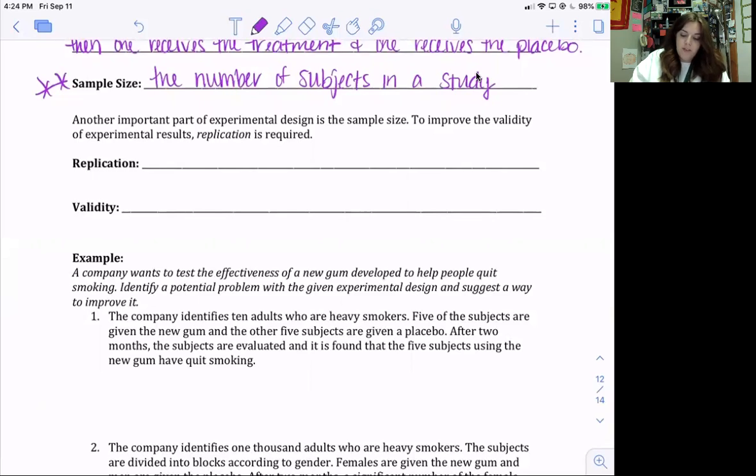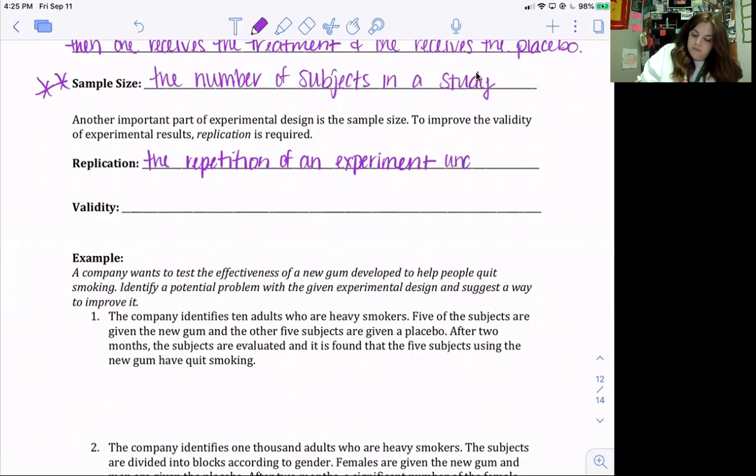To improve the validity of experimental results, replication is required. And this is the repetition of an experiment under the same conditions.